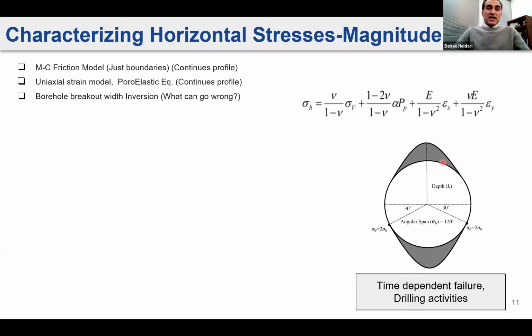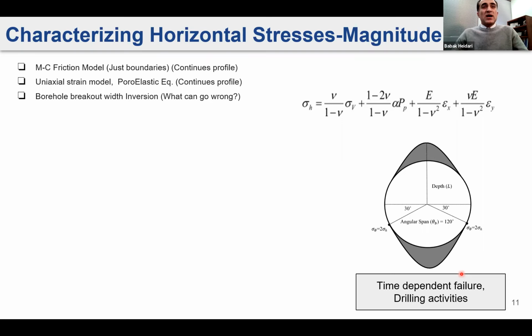And with this technique, basically, they are trying to use borehole breakout widths and correlate them to the maximum horizontal stress, which is very good. I like the approach. However, the output can be compromised by some problems and some shortfalls.